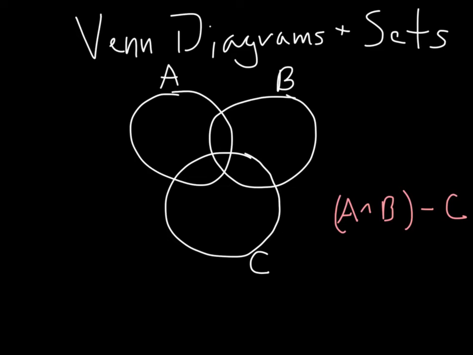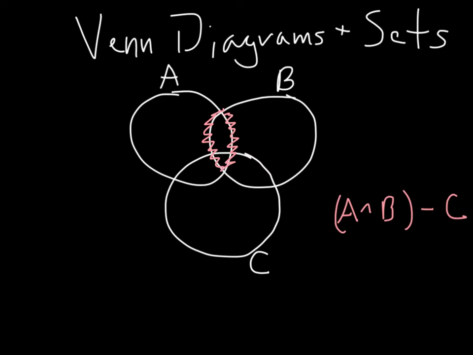Well, what we can do is let's just mark off both sets. So let's mark off A and B. So that's going to be all of this stuff here, the stuff in common in A and B. But we don't want anything in C. So this bit here, we don't want that.